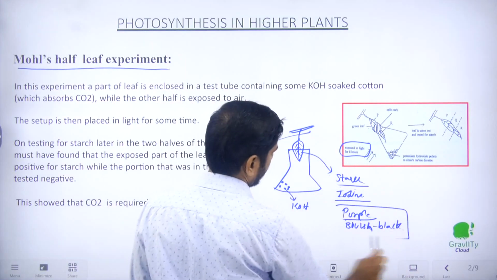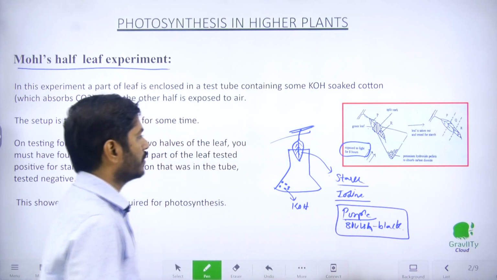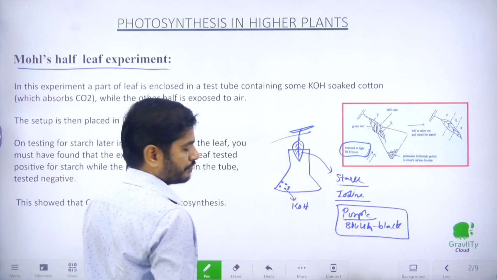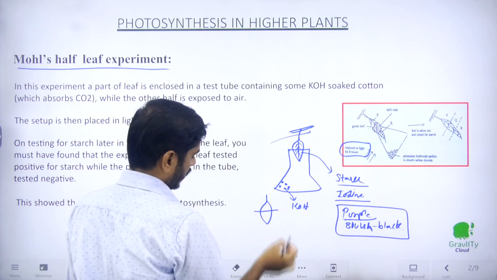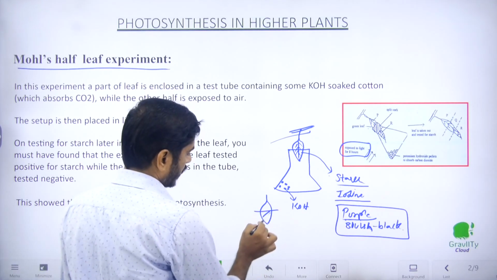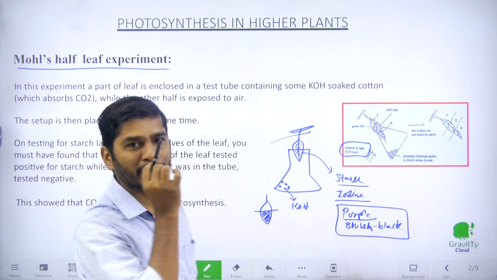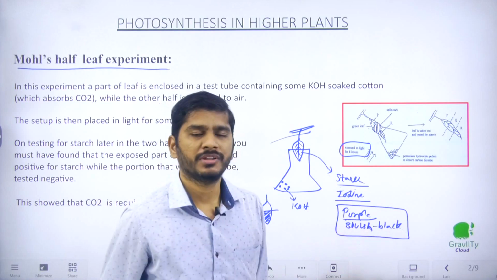So if this color is formed, then it is confirmed that starch is present. Now, in this leaf, only in half of the area did it turn purple, otherwise bluish black, whatever it may be.